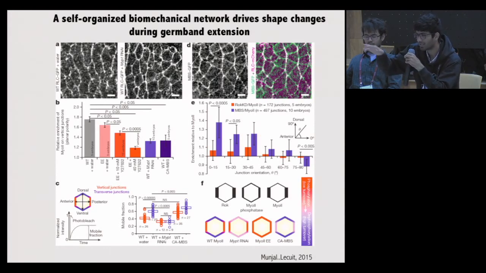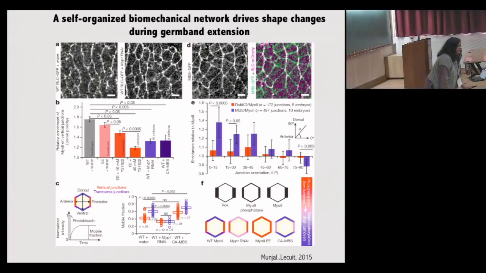Or are there local unsynchronized changes, which might be some chemical? When you say local, how local do you mean? You mean at the level of individual interfaces? If you stretch something, that would be like a global effect in my mind. But if you have some chemical effects, you will see a change which is not that synchronized. Maybe if you look at a longer time scale, you will see synchronization. But you can tell the difference between a chemical effect and a pulling effect.